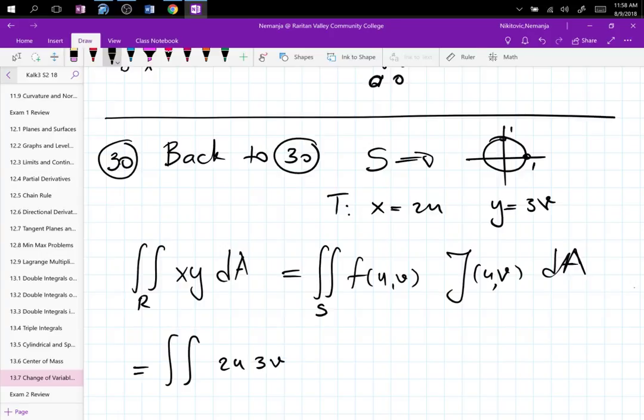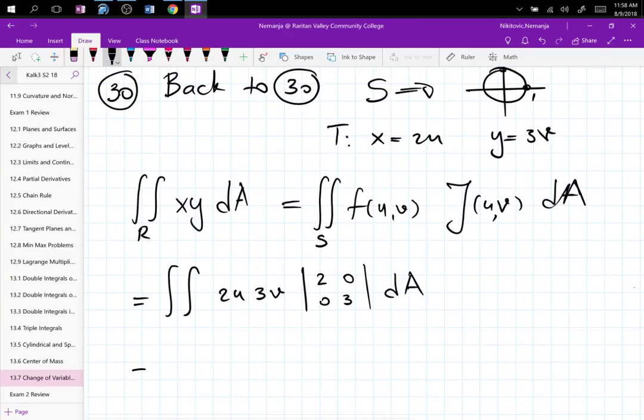Jacobian, I haven't done that yet, but partial x partial u, that's 2. Partial x partial v is 0. Partial y partial u is 0. And then the other one is 3. I'm going to put dA over here.